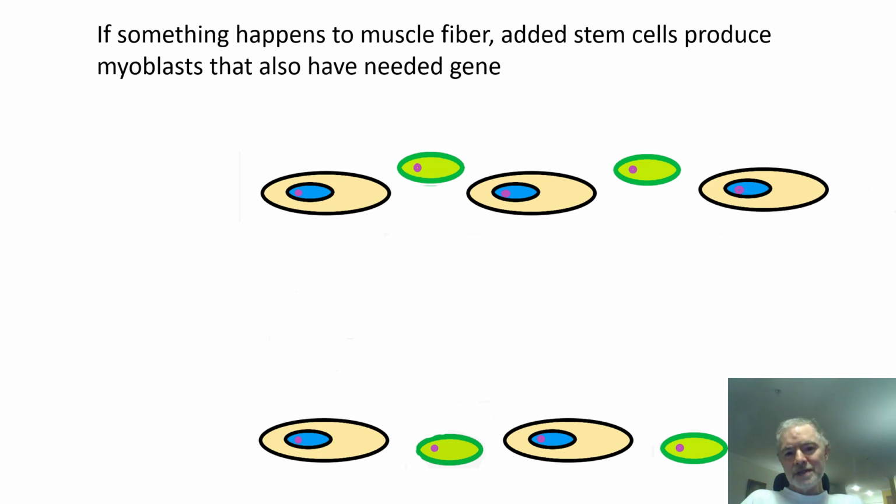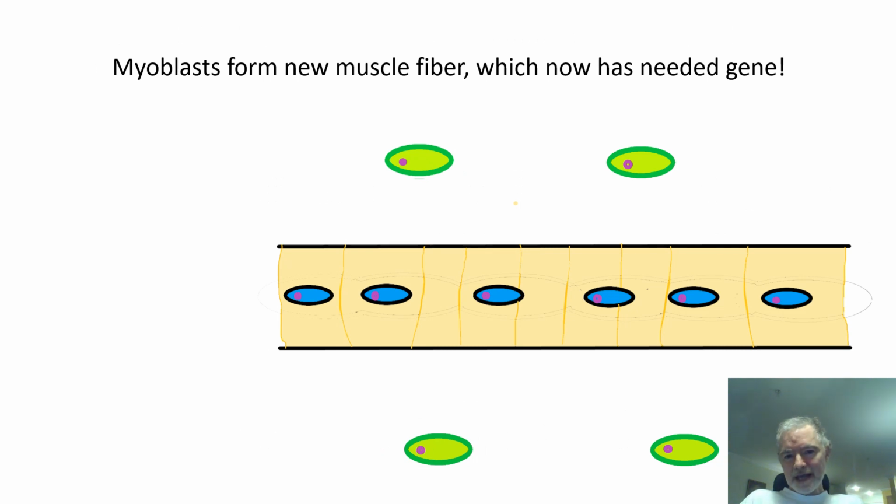And because the myoblasts come from the satellite stem cells that have the needed gene, the myoblasts will also have the needed gene. Okay, and then in a few steps, the myoblasts form a new muscle fiber, which now has the needed gene, whereas the initial fiber that was there at the beginning didn't have one. Okay, so in theory, you fix the problem.